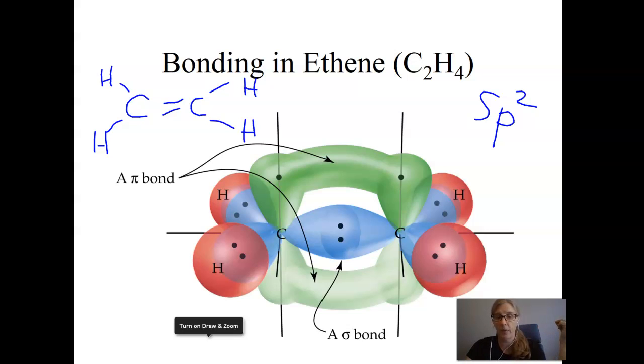But then we also have this pi bond, where the unhybridized p orbital of both of the carbon atoms is available to create that double bond. So each double bond is made up of a sigma bond and a pi bond, whereas single bonds are only sigma bonds. So in this particular molecule, we would have a total of 5 sigma and 1 pi.